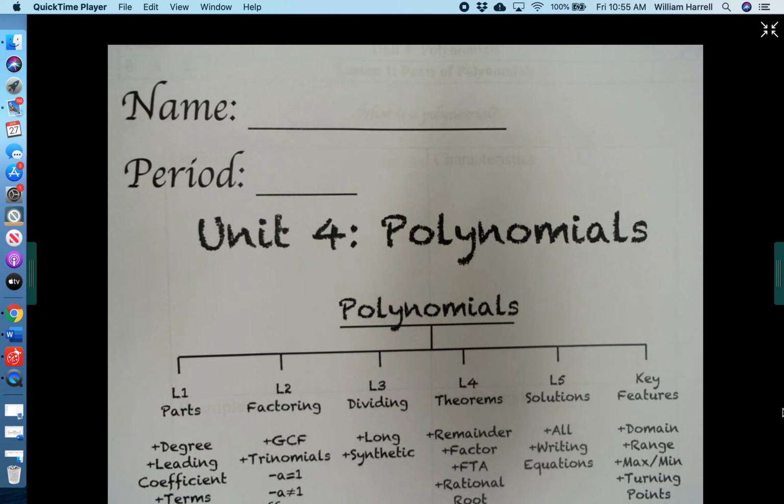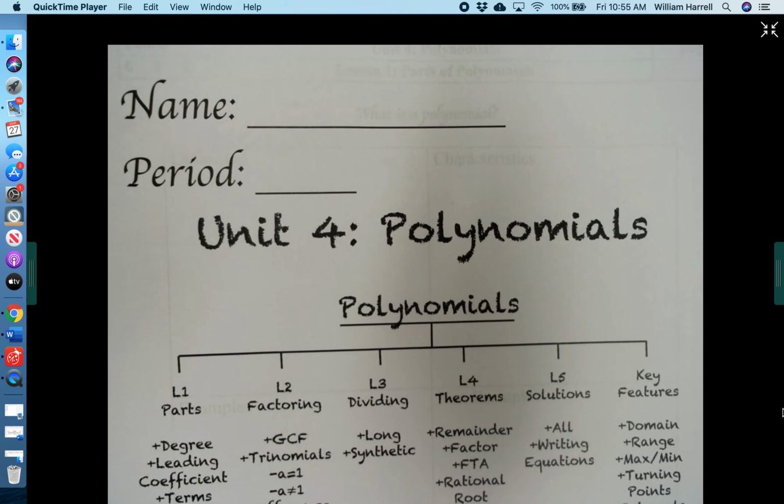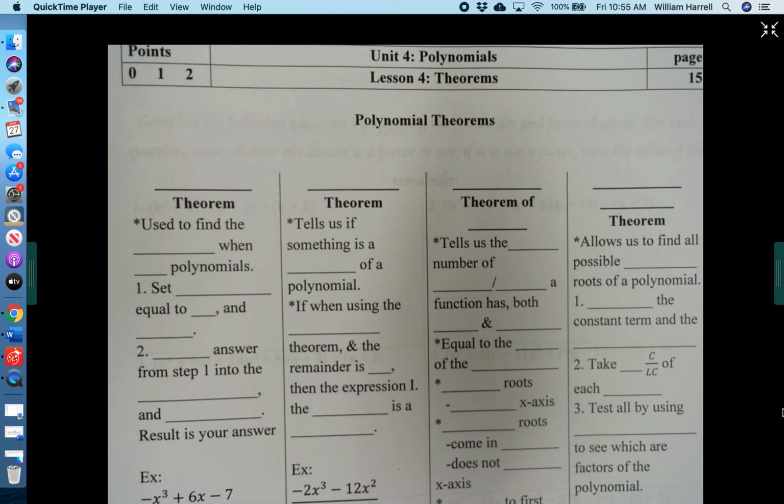Again, today what we're going to work on is the remainder theorem, factor theorem. We're going to go through some examples, then turn y'all loose on quizzes. All right, so remainder theorem, factor theorem. Turn to page 15 in the packet.